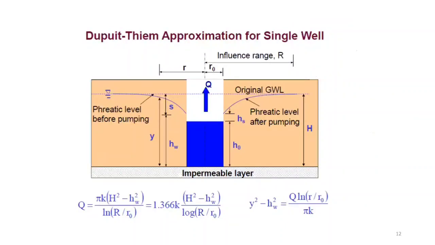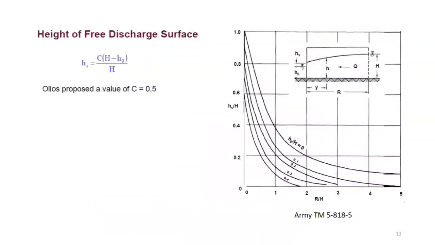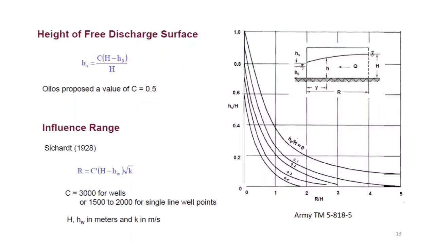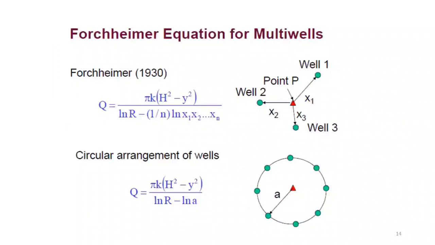We talked about this approximation for the single well formula and some specific terminologies used in field tests. Specifically, the most important terminologies are the free discharge surface and the influence range. Okay, this is how we calculate them, and this is how we get the value of the flow rate for multiple well systems, multi-wells, I would say.